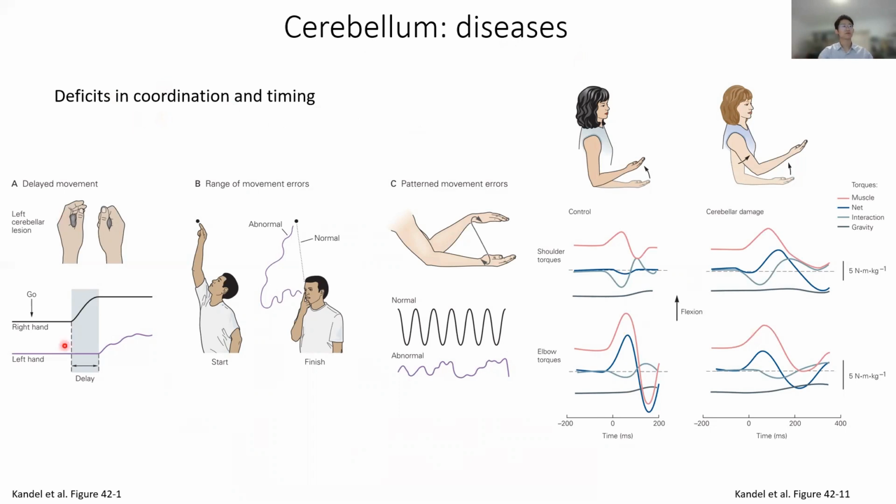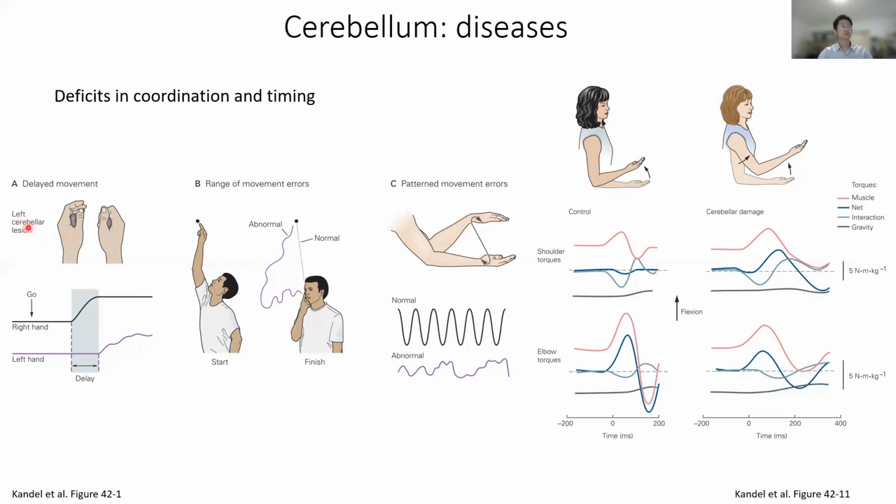In the first example, this patient has a left cerebellar lesion, which means the left cerebellum is damaged. And unlike the motor cortex, where you always cross, so left cortex controls the right side of your body, in cerebellum the left cerebellum is controlling the left side, the same side of the muscles.